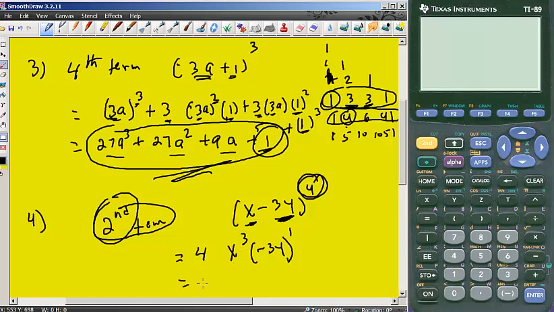So if you clean this up, that'll be negative 12 x to the 3rd y, and that is the second term of that binomial expansion. Or you can also call that binomial series. Okay, so let's go to 10.